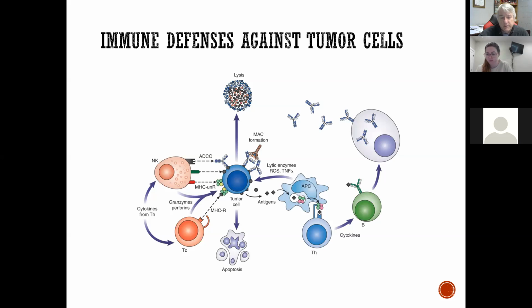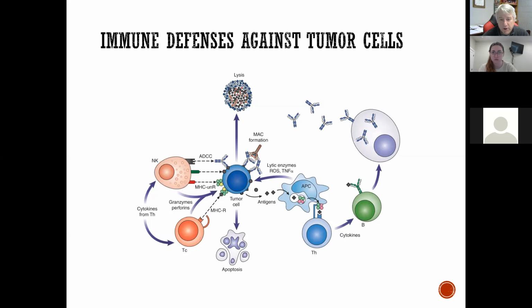If you took the tumor cell in the middle and look at all the different ways that our immune system, that you've learned this whole semester, attacks a tumor cell. So you see natural killers, you see cytotoxic T cells, you see T helper cells. Hopefully all this is very familiar to you. Antigen presenting cell, the B lymphocyte turning into plasma cells and producing antibodies.